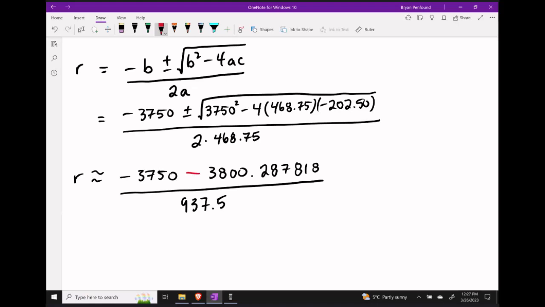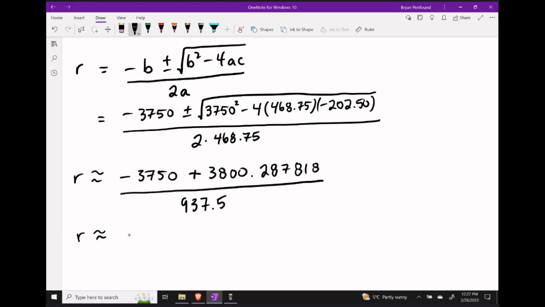Now the rate that we're looking for is going to be a positive rate, so we can ignore the negative 3,750 minus 3,800 answer in favor of just taking the one answer where we add our two numbers up in the numerator. Adding up the two numbers in the numerator, we get about 50, and we're going to divide that number by 937.5.